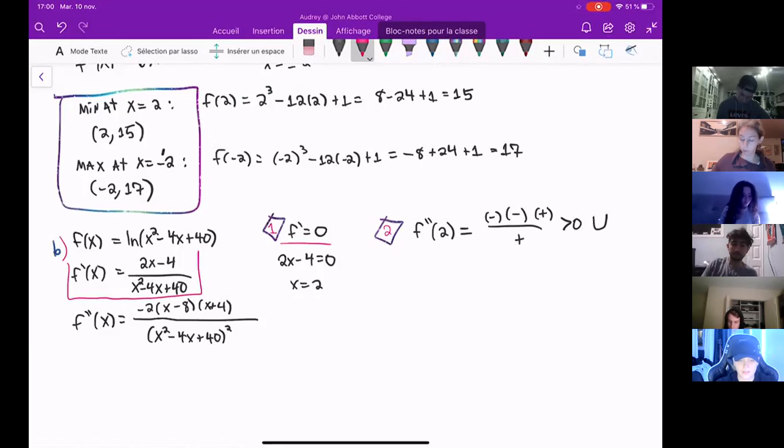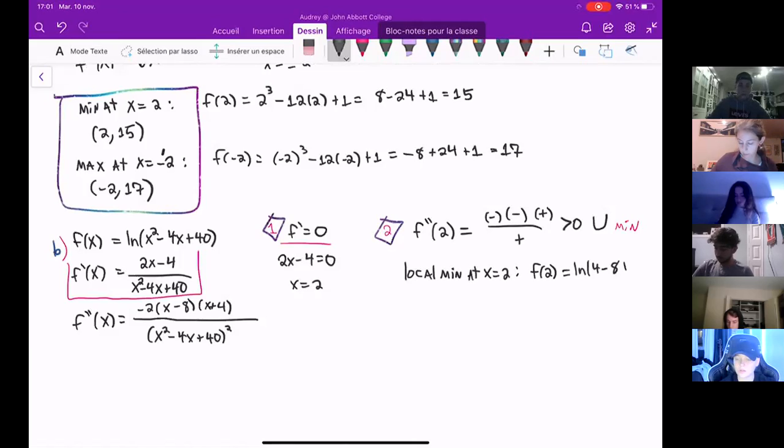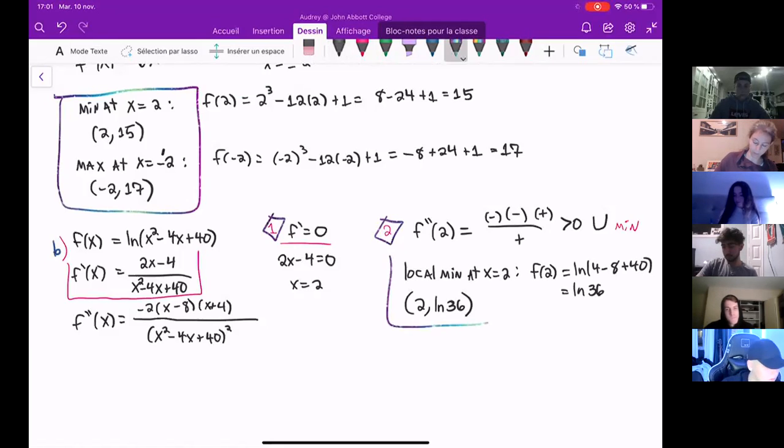A minimum, you got it. So that's a min, so we can say that there is a local min at x equals 2, and f of 2 is ln of 4 minus 8 plus 40, so 2 ln 36 is my local min.